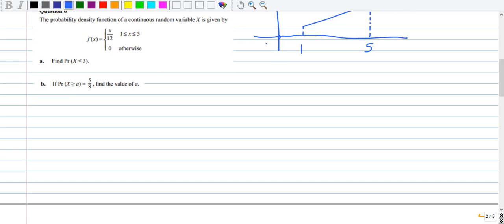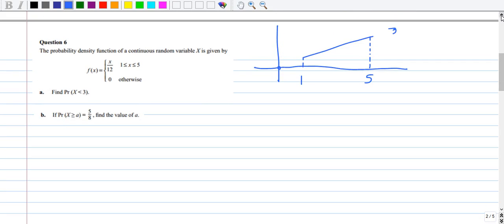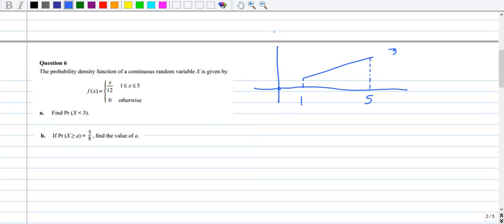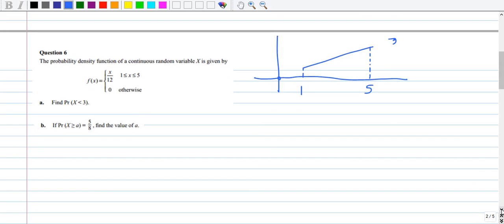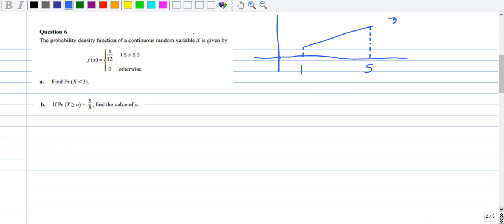So the first thing we want to do is find the probability that x is less than 3. That's just as simple, using the graph, as finding the chance x is less than 3, so this area in here. So we're going to integrate the function between 3 and 1.